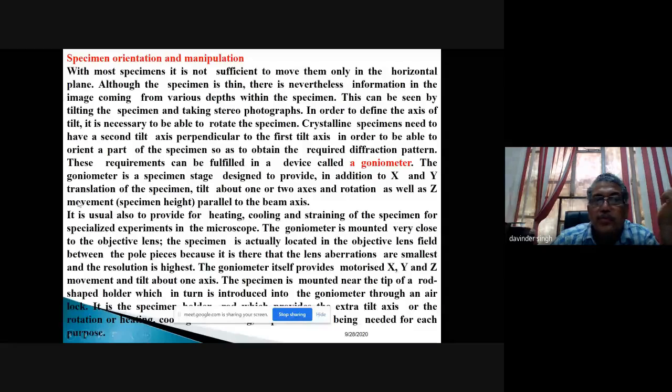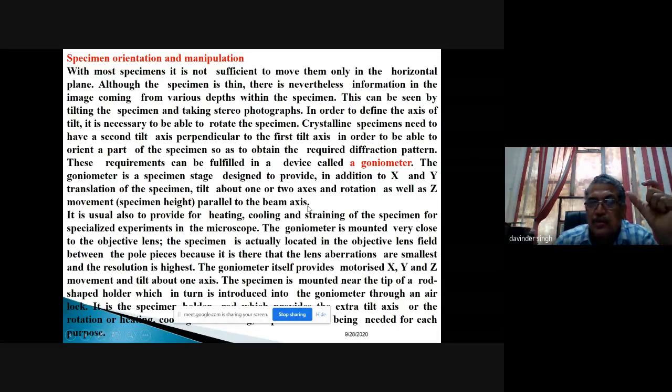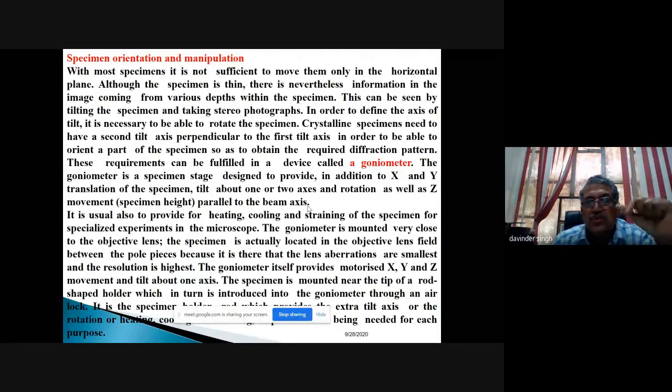The goniometer is a specimen stage designed to provide, in addition to X and Y direction translation of the specimen, tilt about 1 or 2 axes, rotation, as well as Z movement parallel to the beam axis. Any possibility is there. That's why you can understand better, like diffraction patterns, which people generally use to understand the crystalline structure of the material. So you need this type of goniometer setup with the system.